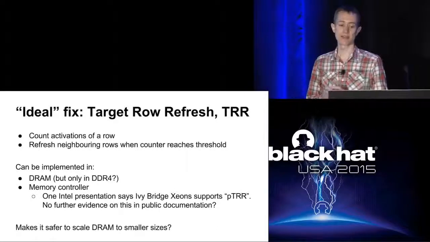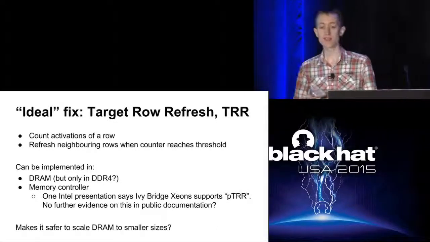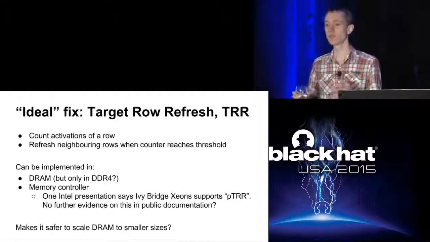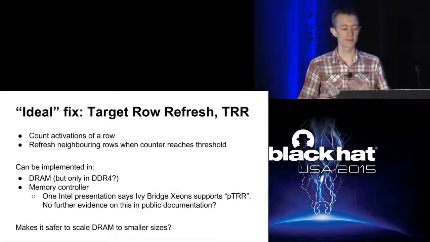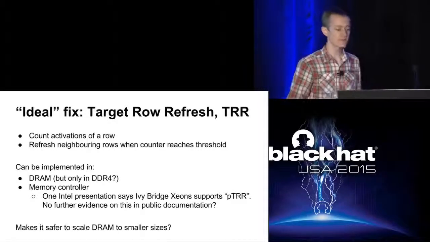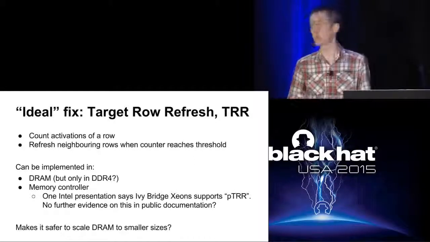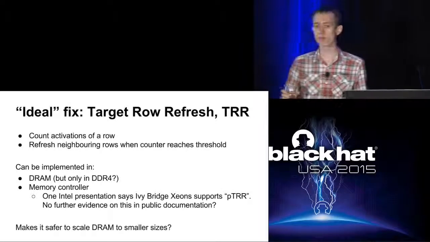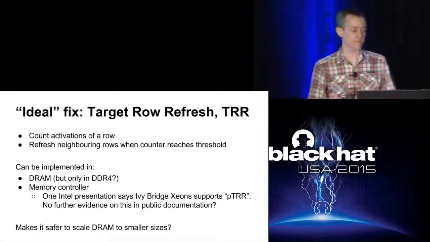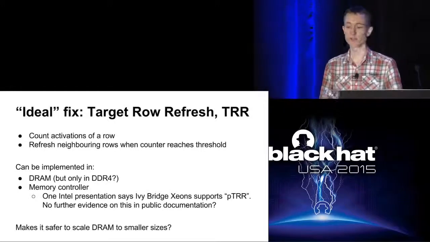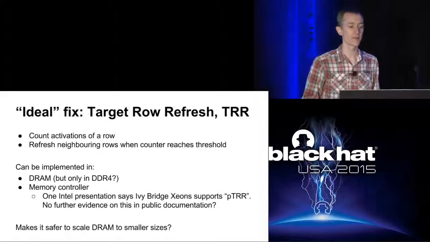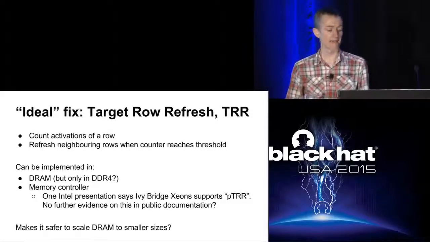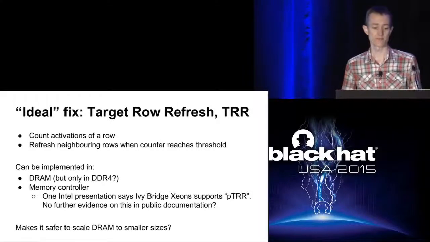So the idea behind target row refresh is to count the number of times each row is activated, and if the count for a row reaches a particular threshold, then the system would refresh the row's neighboring rows. And there's 2 levels at which you could implement that. You could implement it in the CPU's memory controller, or you could implement it in the DRAM itself. And it appears that vendors are using both approaches. So one DRAM maker's datasheets indicate that they are implementing TRR in their newer DDR4 chips.